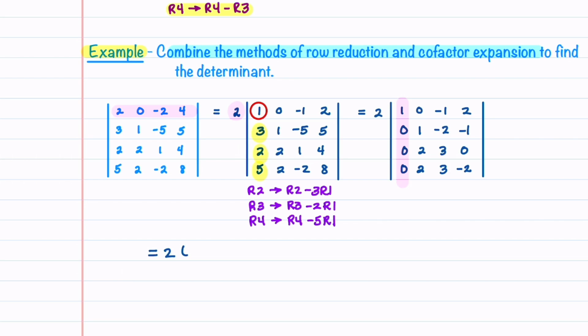So we multiply our 2 by 1, and then we have our resulting 3 by 3 determinant when we cross out the row and column common to that first entry. This gives us 1, minus 2, minus 1, 2, 3, 0, and 2, 3, minus 2.